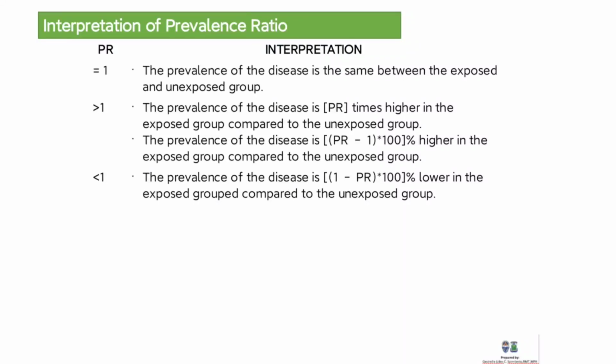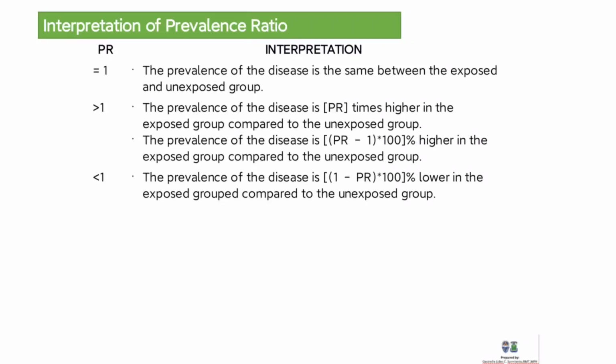Now, how do we interpret the prevalence ratio? So, dito naman importante yung interpretation. So, if your prevalence ratio is equal to 1, okay, please take note of that, no? It is equal to 1, that means similar lang yung computed value mo dun sa numerator as well as the denominator. That means the prevalence of the disease is the same between exposed and unexposed group.